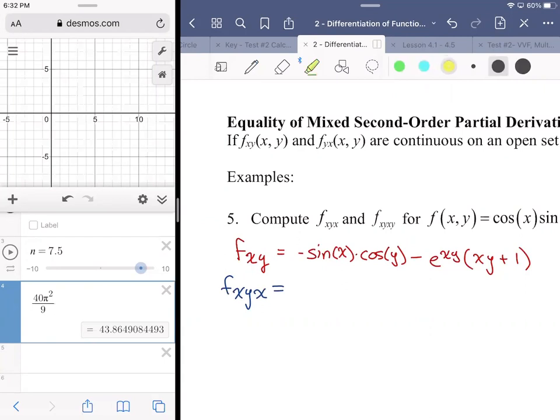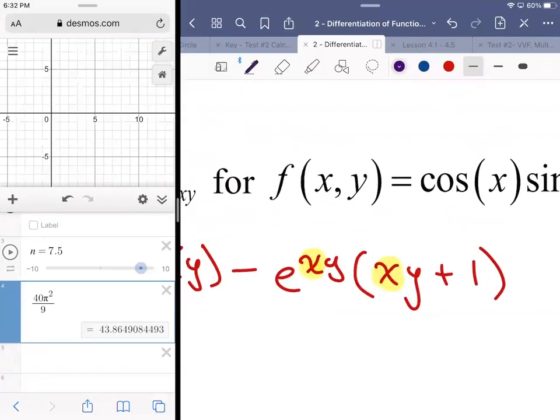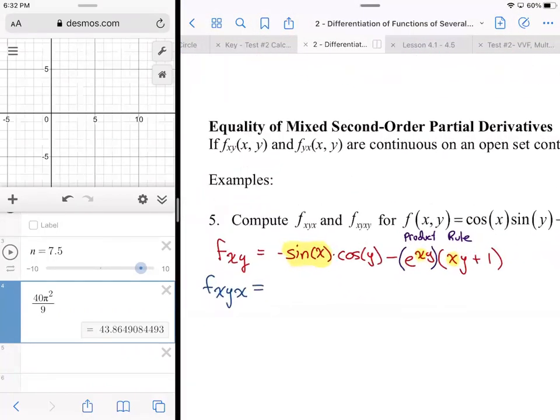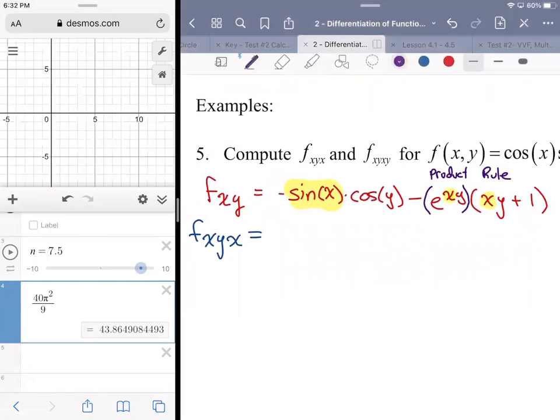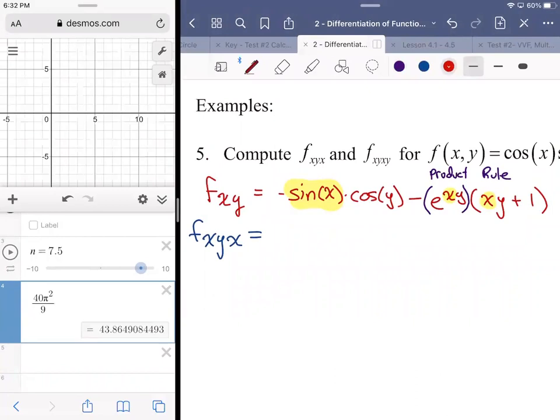Again, just go back and be careful. My relevant variable is x, and it happens a few times. All right, I'm going to accentuate the two factors here making up the product. So this is product rule. When we differentiate the first part, it's kind of weird because the part that I think looks like it would be a little bit more complicated is actually not that bad.